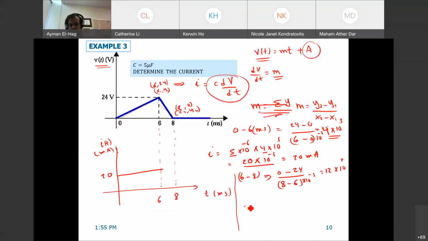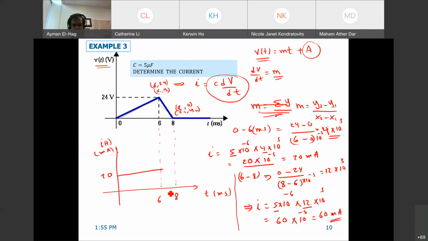3. So now the current I in this period will equal the 5 microfarad, 5 times 10 to the minus 6 times 12 times 10 to the power of 3. 12 times 5 is equal to 60 times 10 to the minus 3, or equal to 60 milliamps.